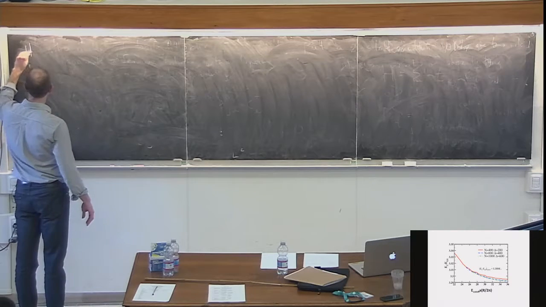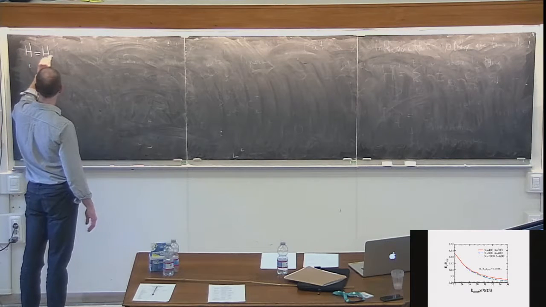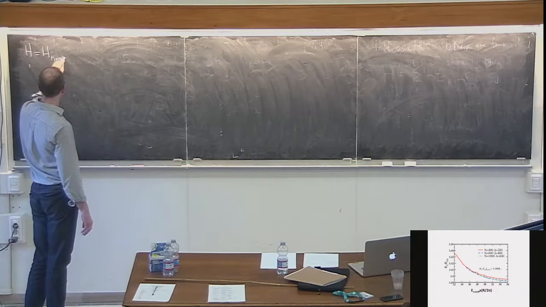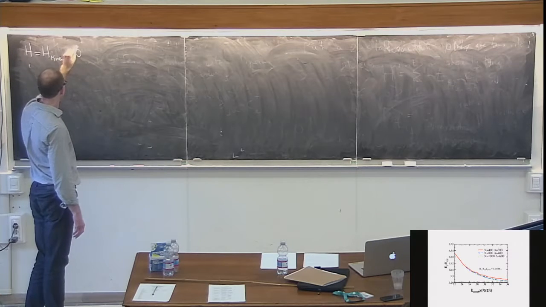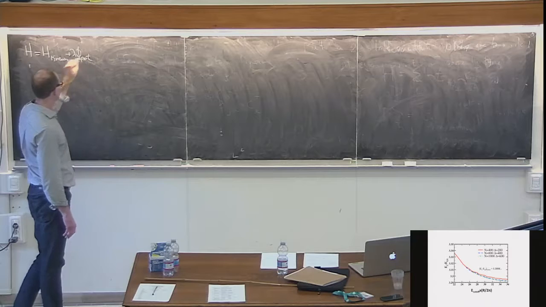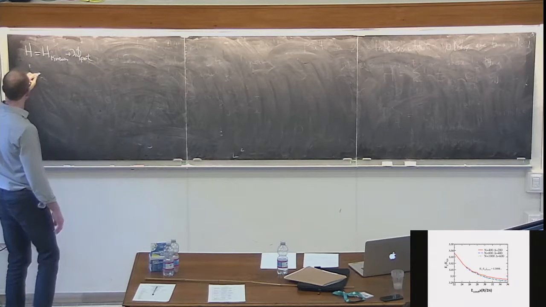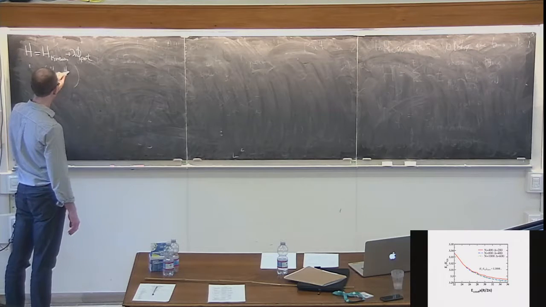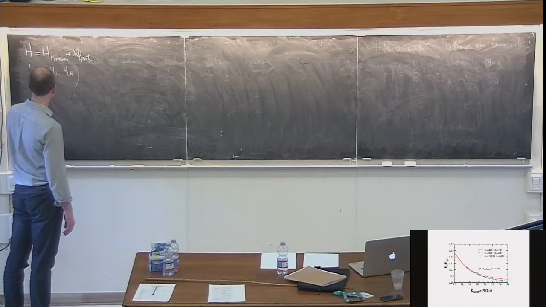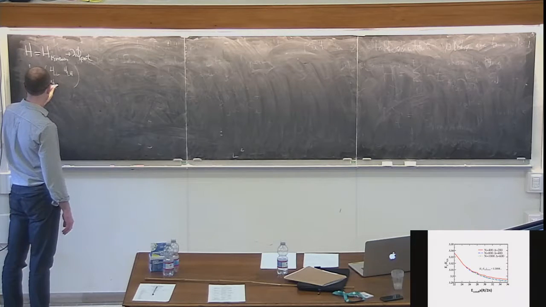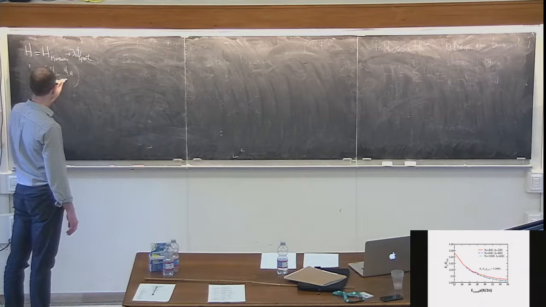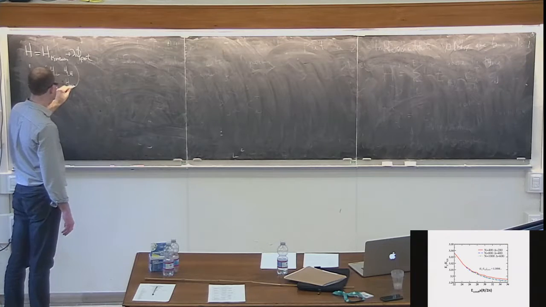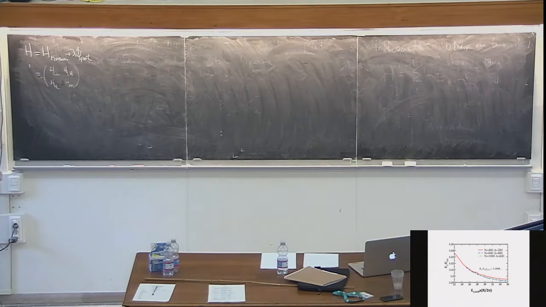So, you know, we had our Hamiltonian, which we had written in block form in terms of the high and low energy portions of the Hilbert space.